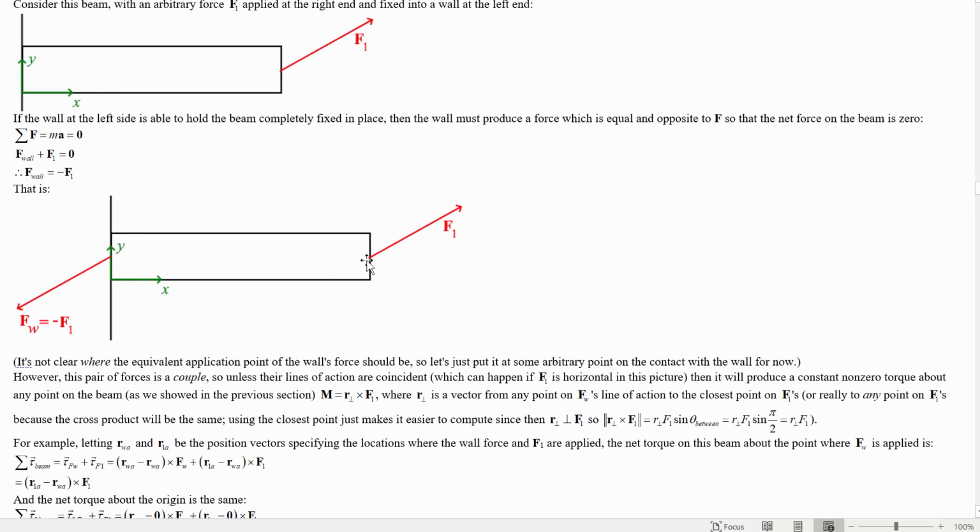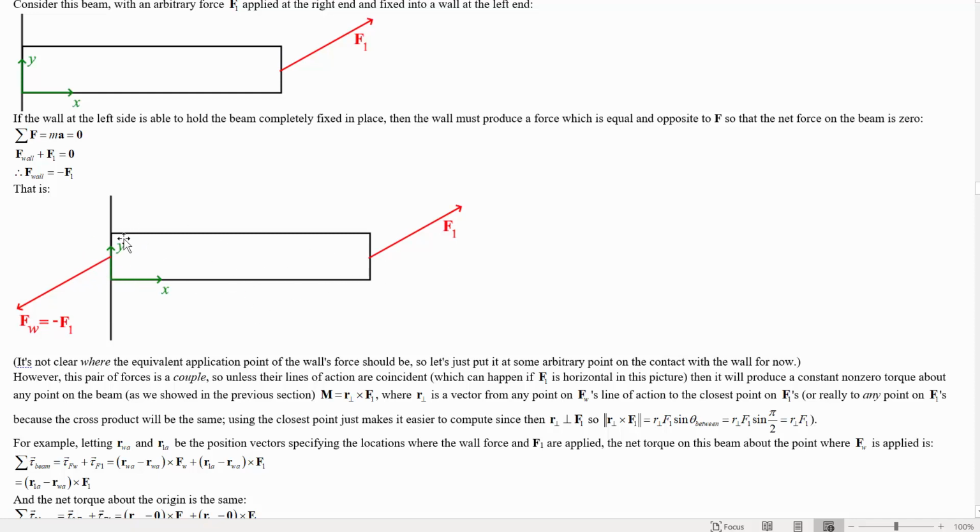But the problem is, unless this force you applied happens to be in a line that cancels, that is collinear with this force, then we're also going to be creating a couple with this, right? Maybe the wall can apply its reaction force down at the bottom or up at the top or something, but for a lot of angles, it's not going to be possible to create no moment with these, which means that the wall also needs to produce a moment in order to hold this thing still.